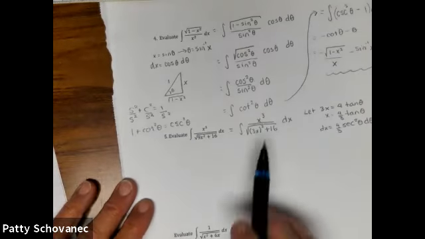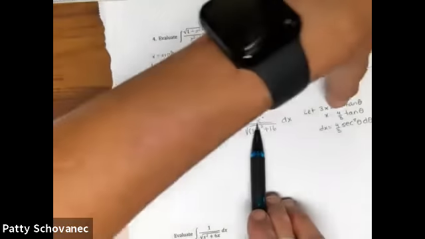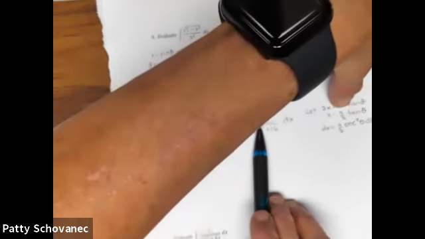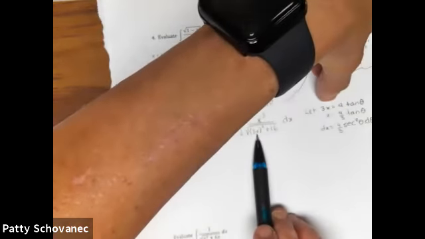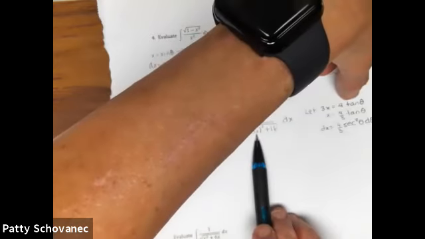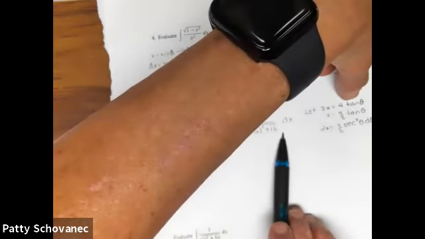And now let's put each x as a 4/3 tan theta, so we'll have 4/3 tan theta all cubed. 3x is 4 tan theta, so here we'll have 16 tan squared theta plus 16, and then we put our dx in there.